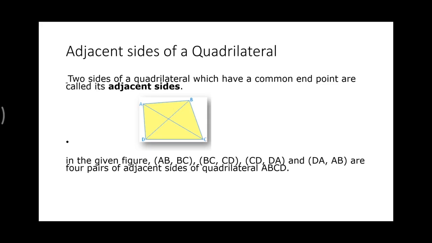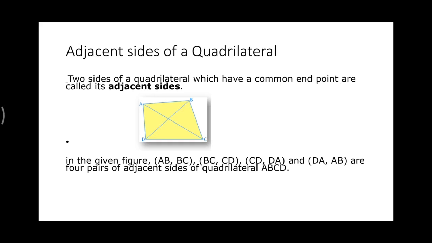Now adjacent sides of a quadrilateral, this is a very important topic of this exercise. Two sides of a quadrilateral which have a common end point are called adjacent sides. In this quadrilateral you can see the two sides which have the common end point, like AB and BC. In these two sides, point B is common.